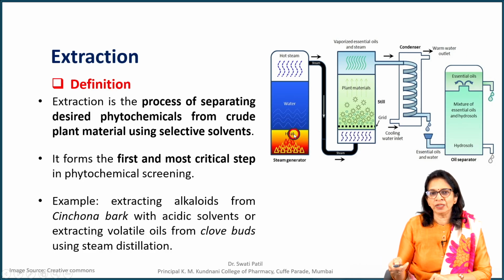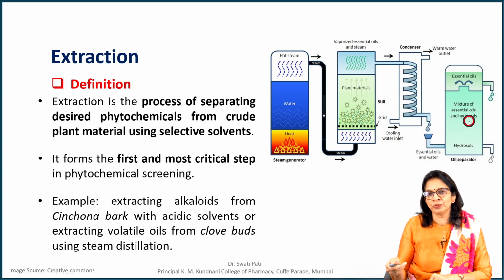This is a source of heat, we have water and a steam is generated which is passed through this material which is kept with water or without water, and this steam then carries the volatile oil, and here we have a receiver separating water and the essential oil.